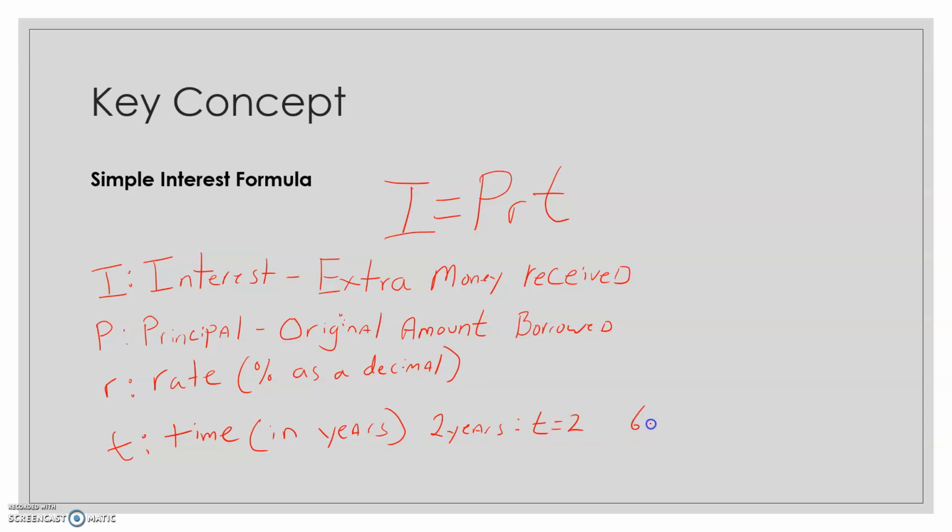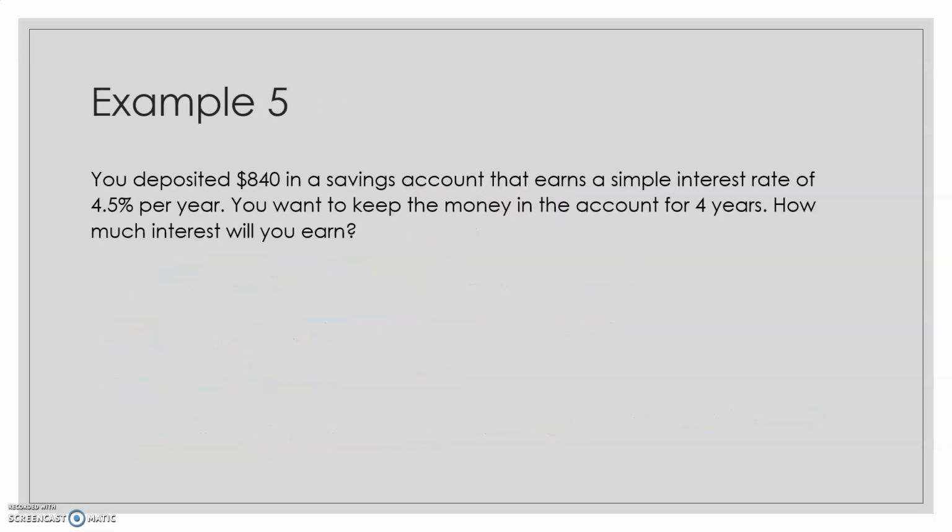If it's 6 months that you keep the money for, then that's half of a year, and so T would equal 1/2, or 0.5 in our problem. All right, so those are the different pieces to our formula. I equals PRT is our formula for simple interest. I is interest, P is principal, R is rate as a decimal, and T is time in years.